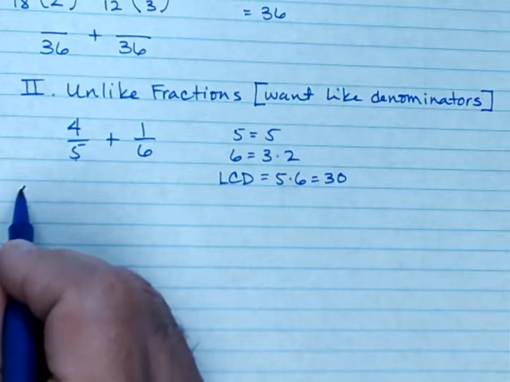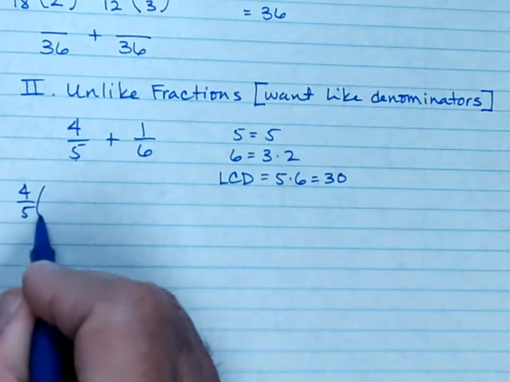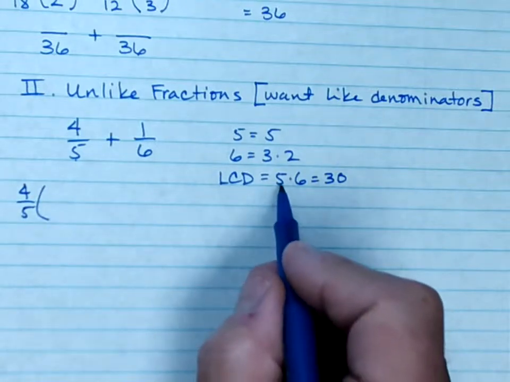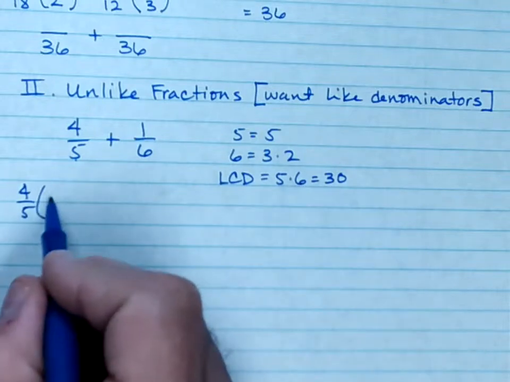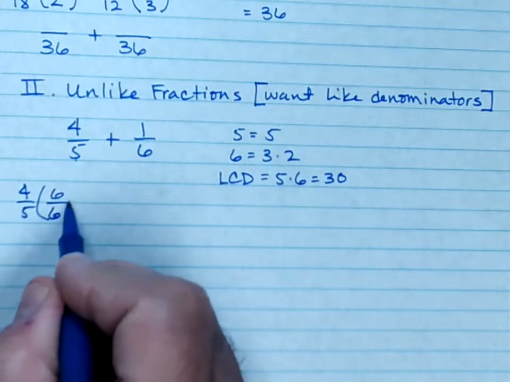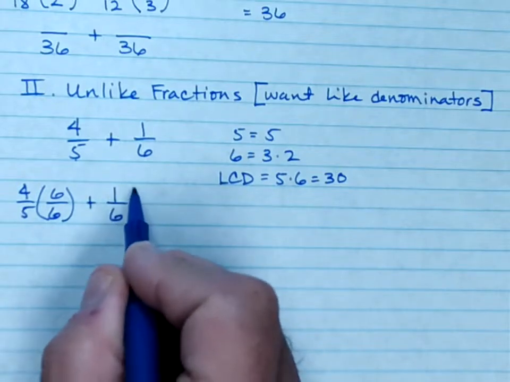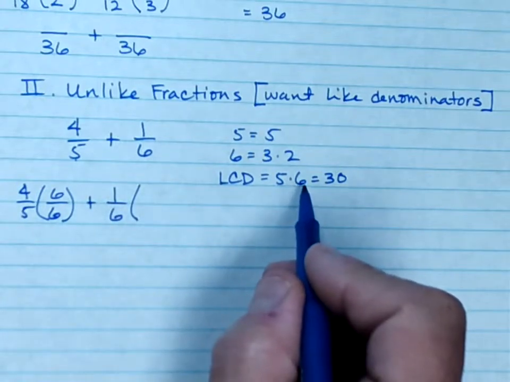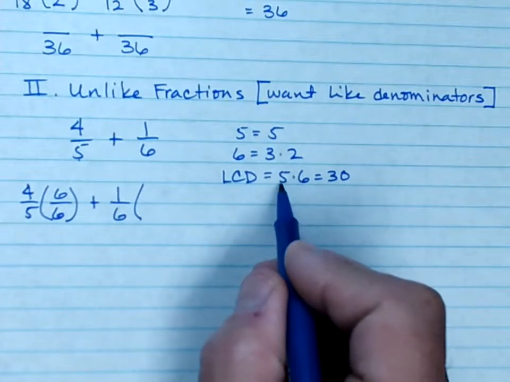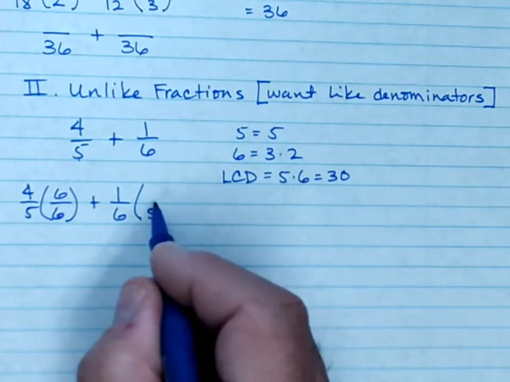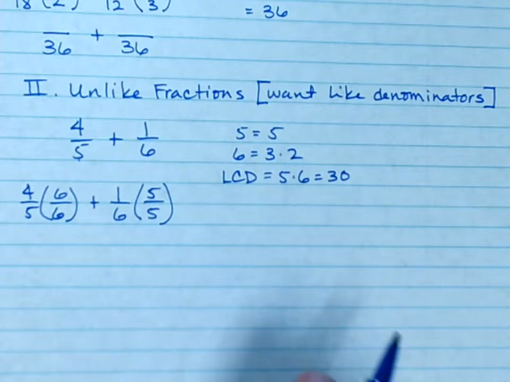So over here we're going to take 4/5, and we're going to multiply it with 5 times 6 gives us 30. So it's going to be 6 over 6 plus 1 over 6, and over here we know that 6 times 5 gives you 30, so we're going to multiply this by 5. We're going to also multiply this by 5.